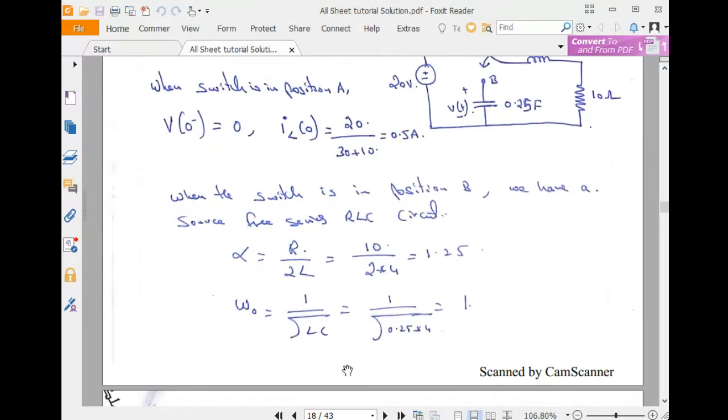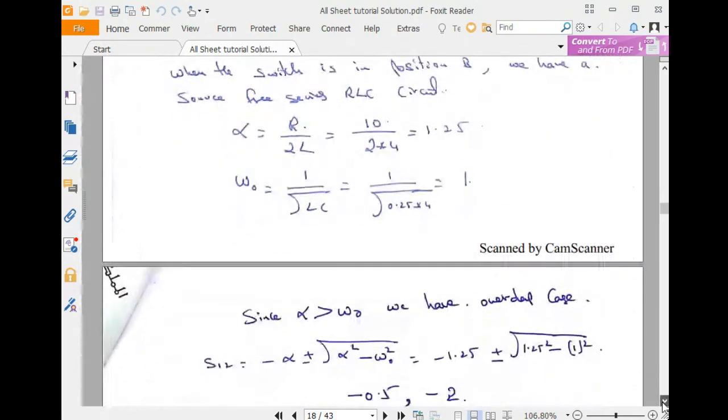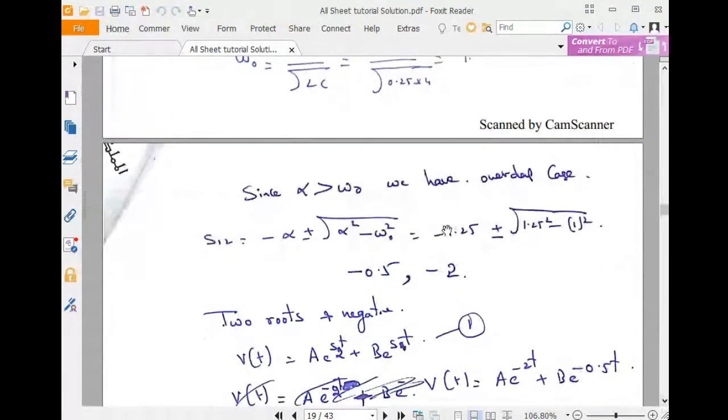Omega naught equals 1 by root LC, you will get 1. Now alpha is greater than omega naught, so we have an overdamped case. The circuit is overdamped because alpha is greater than omega naught. Find the roots S1, S2 using this formula, plus minus. You will get S1 as minus 0.5 and S2 as minus 2.